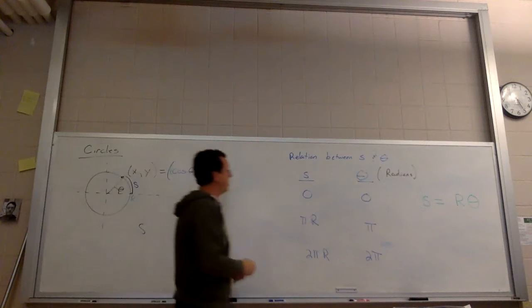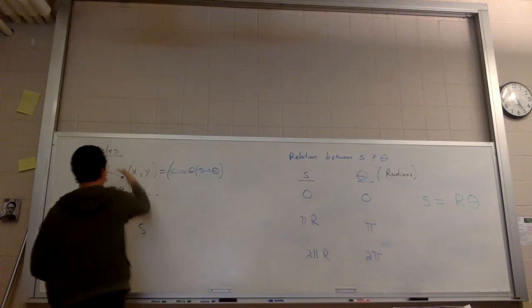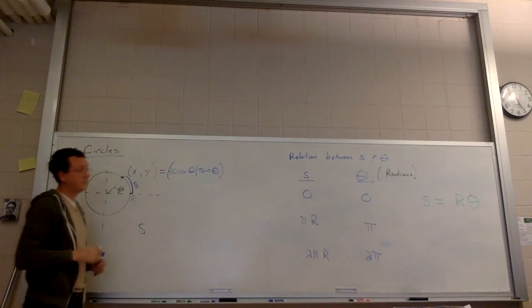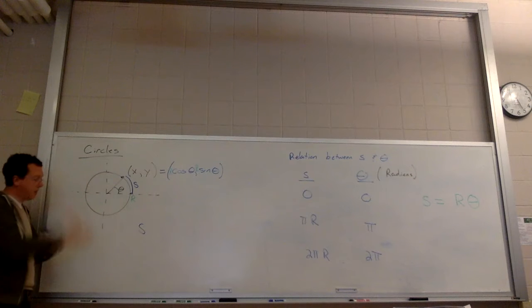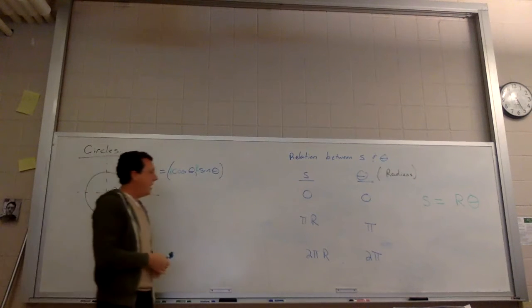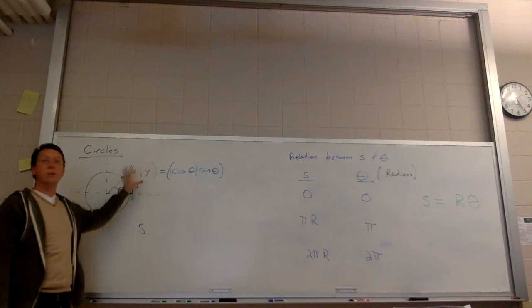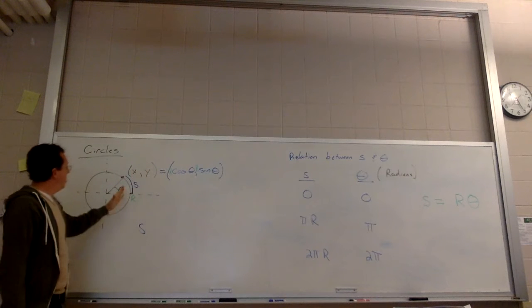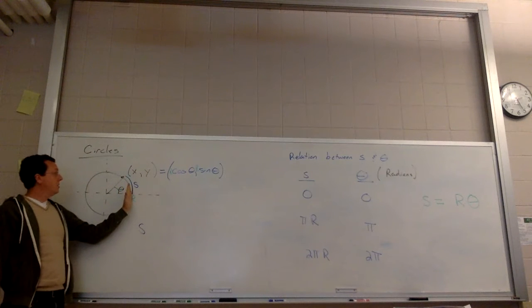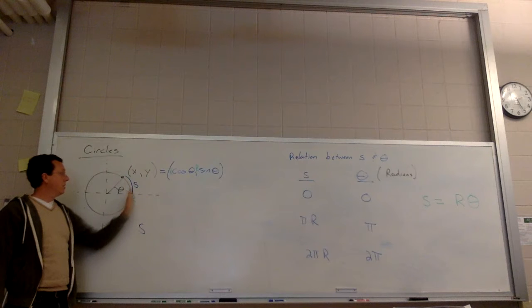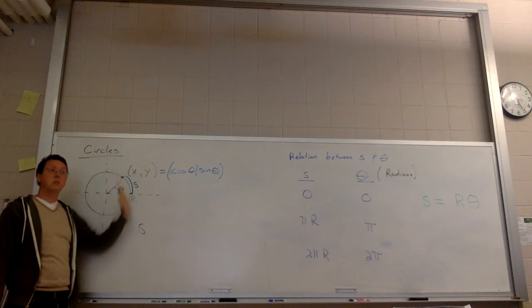So there you go. This is the relationship between arc length and angle. So we were talking about things that rotate, and sometimes maybe you want to go back and work out X and Y coordinates. Other times, maybe you want to work with lengths tangent to a circle.